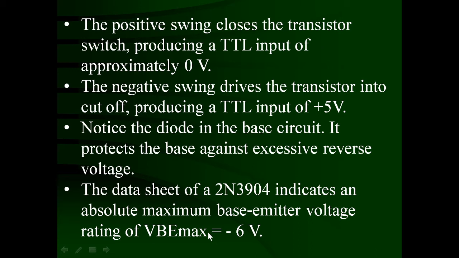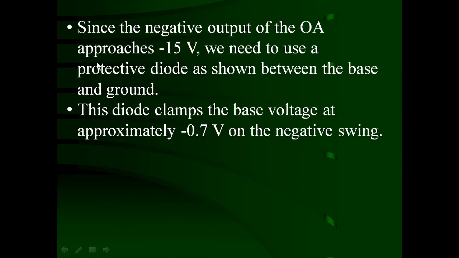That means up to minus 6 volt base emitter reverse junction it can work, but if it is more than that it is breakdown. Since the negative output of the op-amp approaches minus 15 volt, we need to use a protective diode as shown in the figure between the base and ground. This diode clamps the base voltage at approximately minus 0.7 volt on the negative swing.